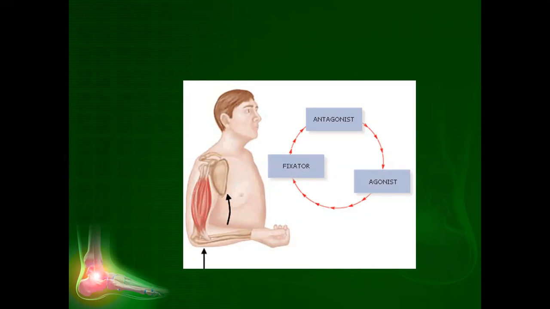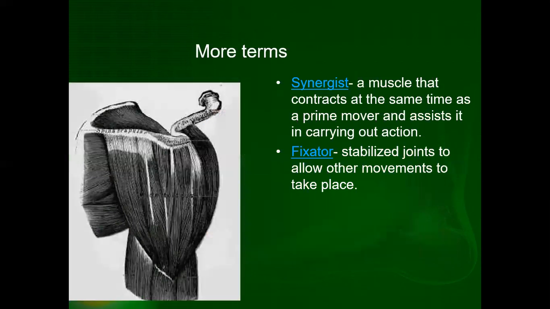So here we just have a static picture of everything I was just demonstrating for you. A few more terms. These are really not shocking, I don't think. A synergist, in order to work with synergy, it means to work together.